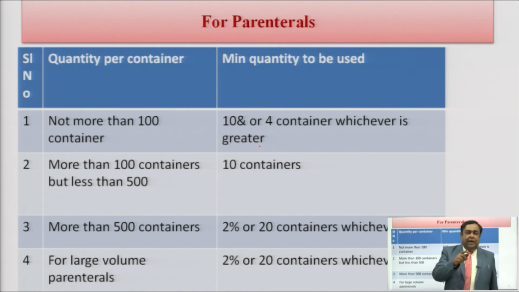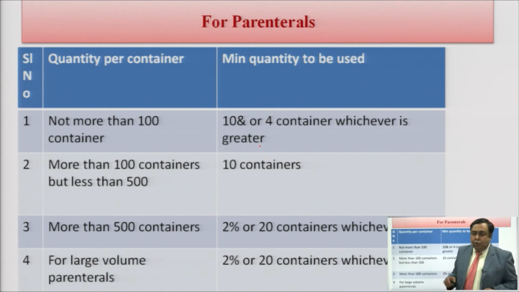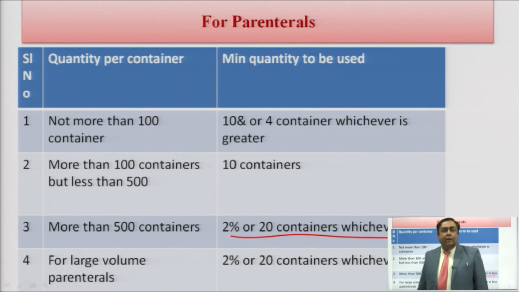If the batch size is more than 500 containers, in that case you have to take 2% or 20 containers, whichever is less.